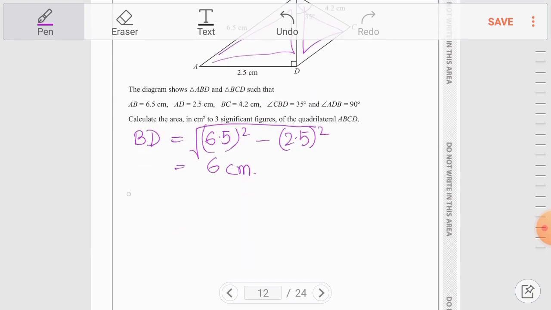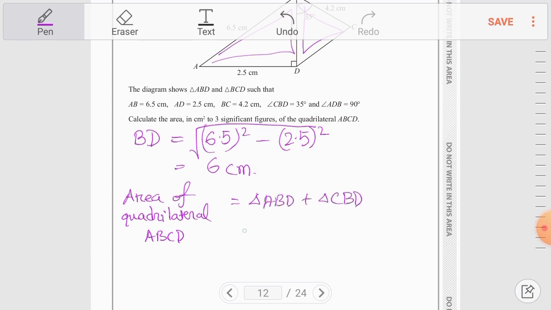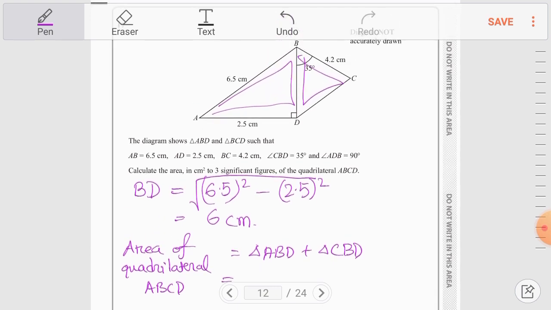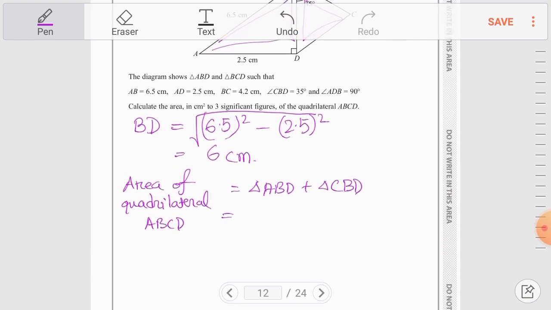So area of quadrilateral ABCD would be area of triangle ABD plus area of triangle CBD. We can find the area of triangle ABD by using the simple formula half into base into height, because everything is given.